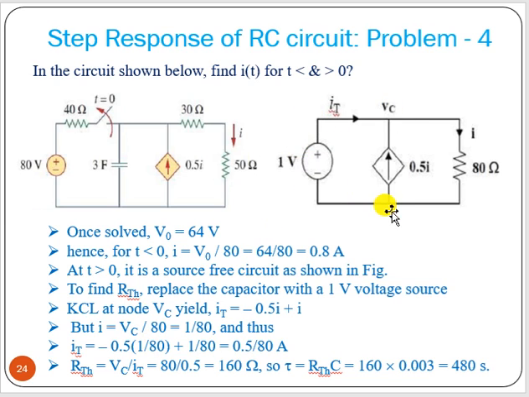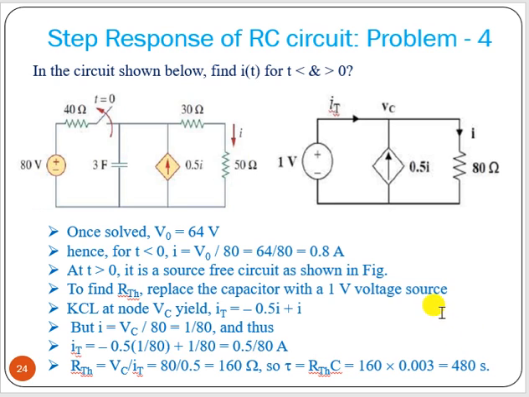This total node is a single node, so 1 by 80. So you got the value of IT. If you got the value of IT, and VC is 1 volt, then you can find out RTH.